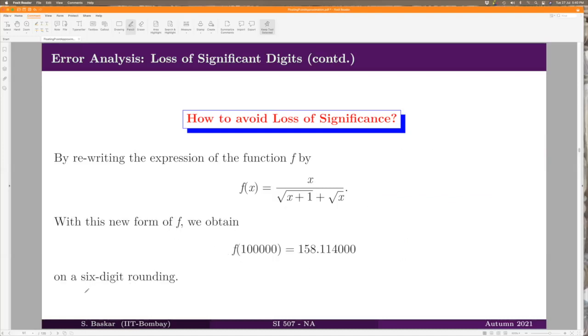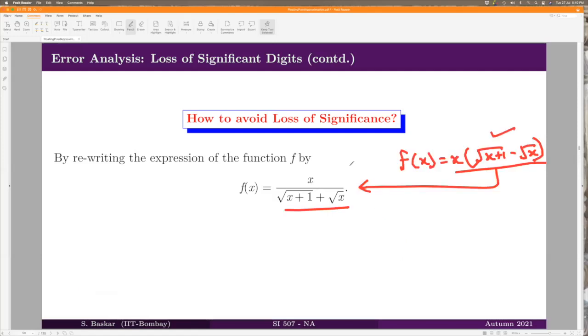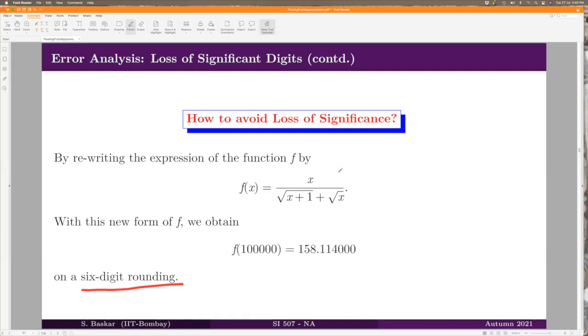Now, for the same 6-digit rounding calculation, instead of this expression, if I use this expression, the calculator that I used is the same. The expression is mathematically equivalent, but physically they look different. But your 6-digit rounding calculator gave this answer. The same way, at every step you do 6-digit rounding, but use this expression instead of x into root x plus 1 minus root x, which is mathematically equivalent.